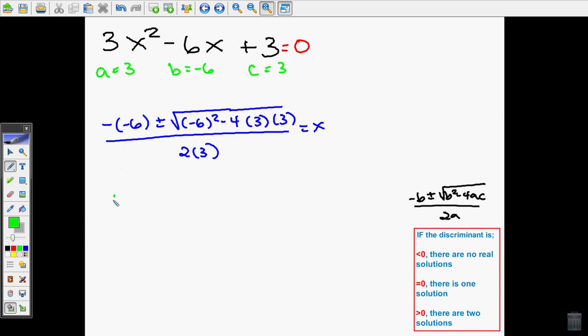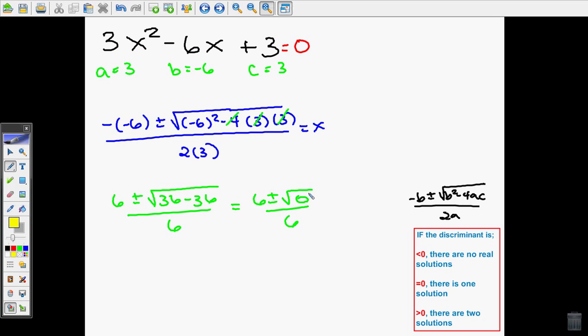So -6 is +6, plus or minus the square root of 36 minus... let's see, -4 times 3 is -12, times 3 is -36. And all of this is divided by 6. So we end up with 6 plus or minus the square root of 0, divided by 6.